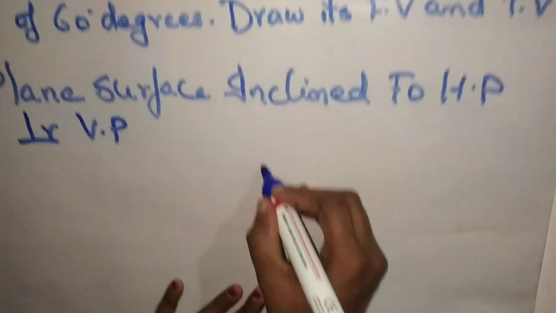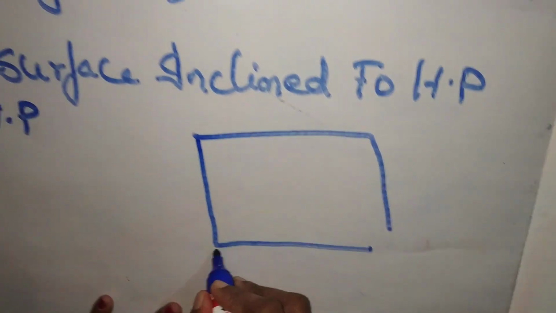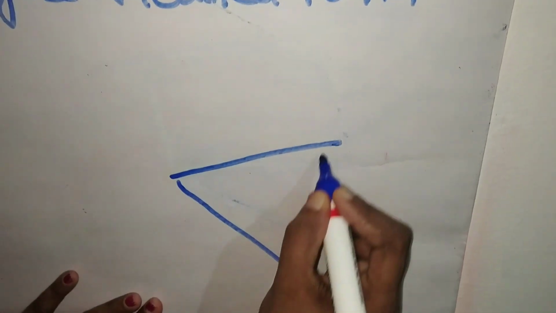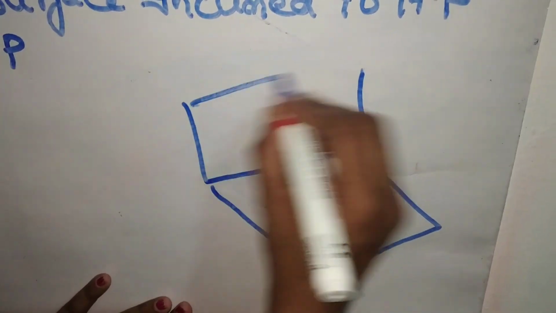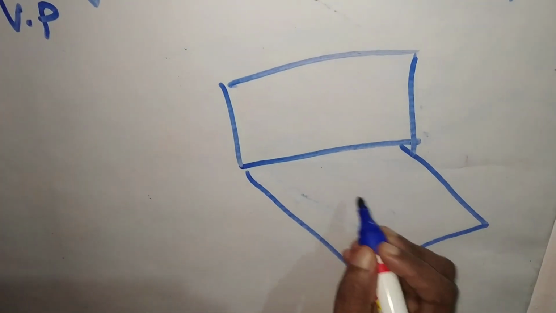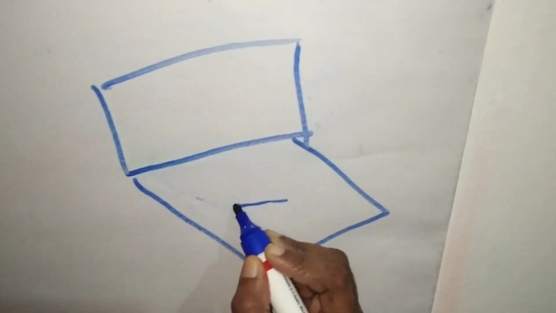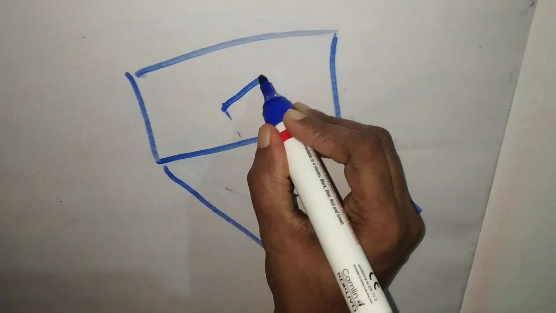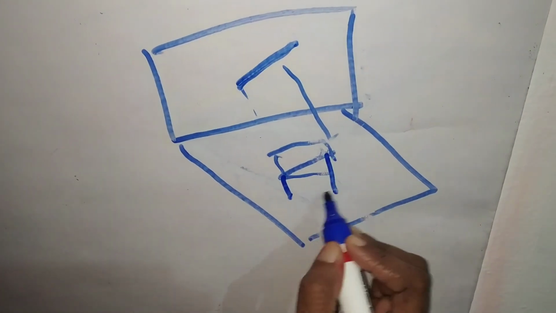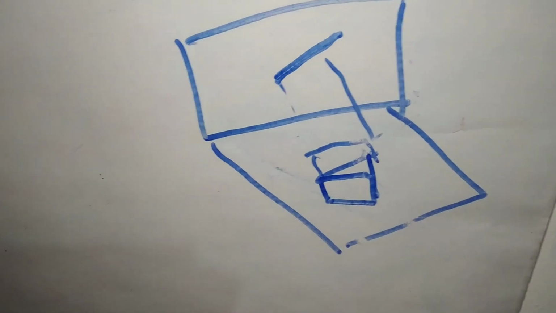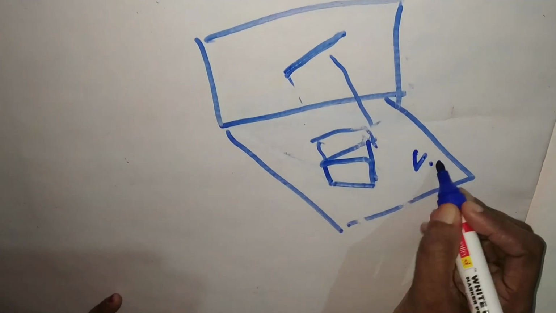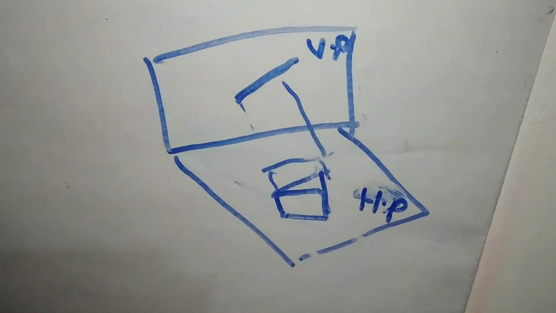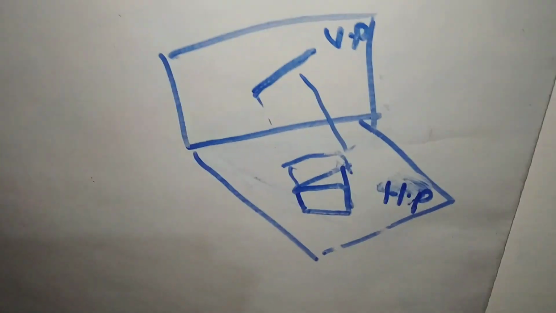This is my plane, inclined to HP and perpendicular to VP. The front view will be an inclined line, and the top view will be just the plane surface. This is my HP and this is my VP. Now I'm going to show you a detailed explanation of this.